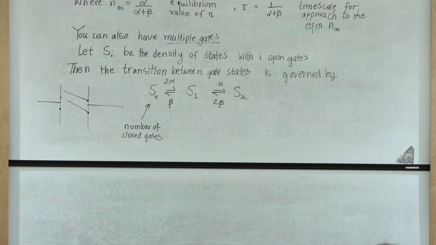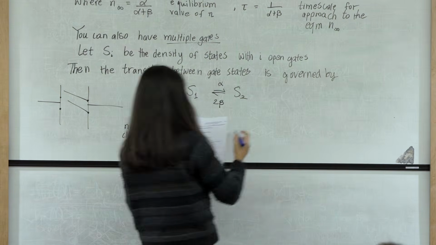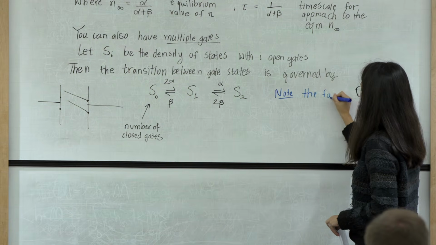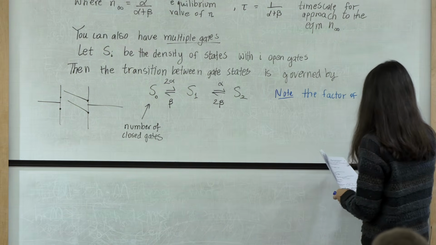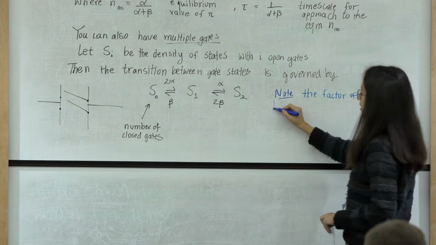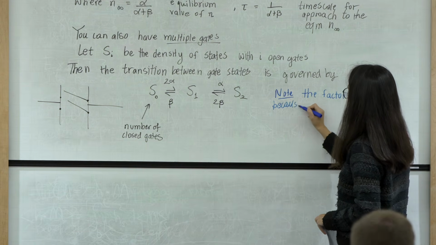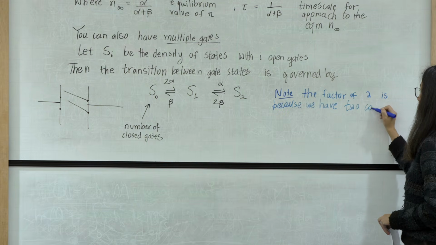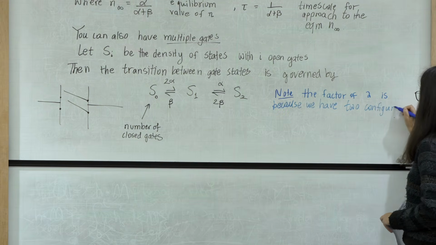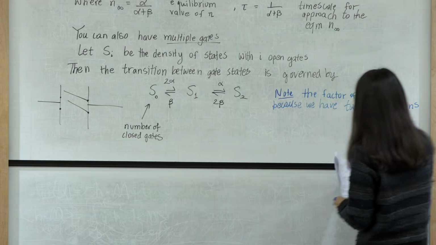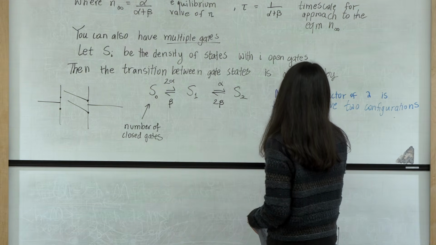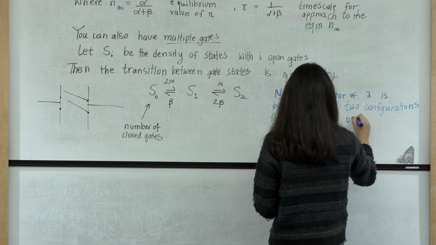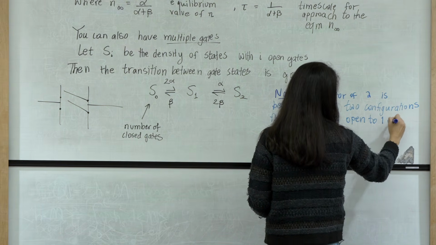The factor of 2 is because we have basically 2 configurations going from 2 open to 1 open gate.